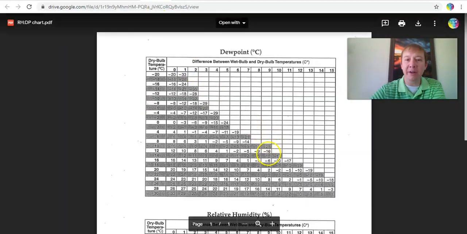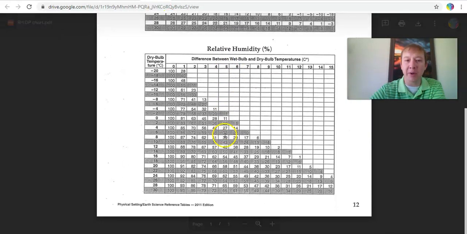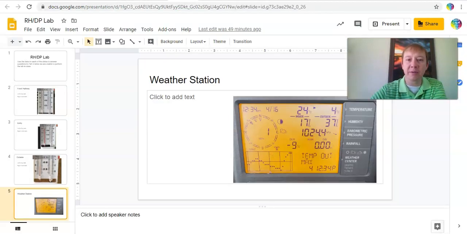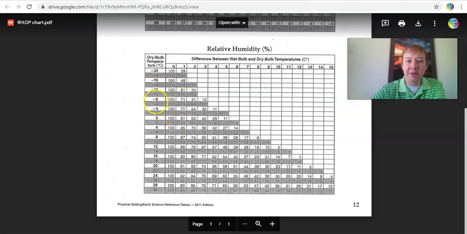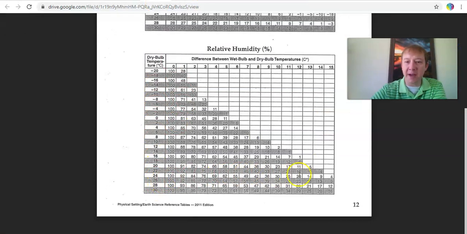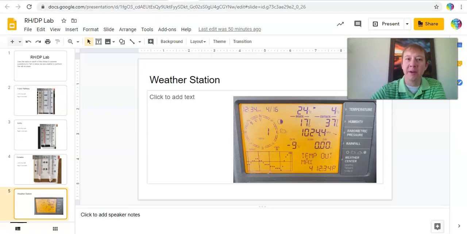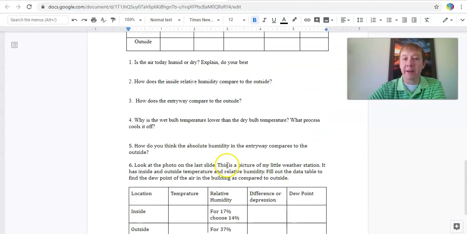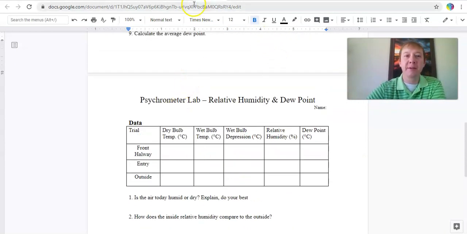So you can look at the chart here, you can see for humidity we don't have a 17%, and so what you have to do is figure out, so you can see 24 degrees Celsius, so you come down to 24 degrees, you can see there's not a 17, so you're rounding, and we're going to have you go to 14 for this one. Same thing for the outside, it shows as 37%, we want you to go to 42% for that one. And just answer the questions with that.